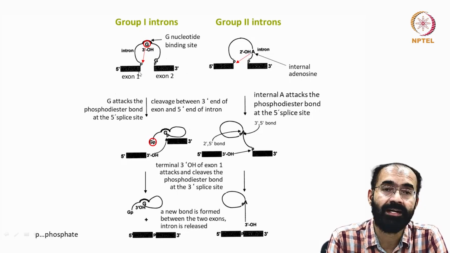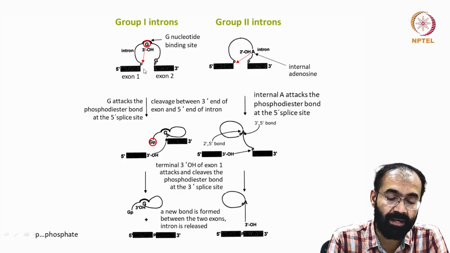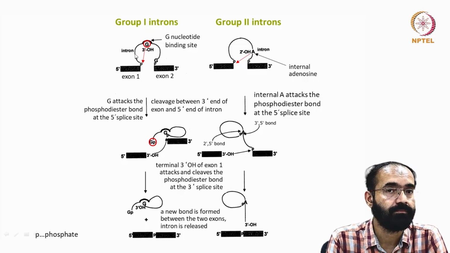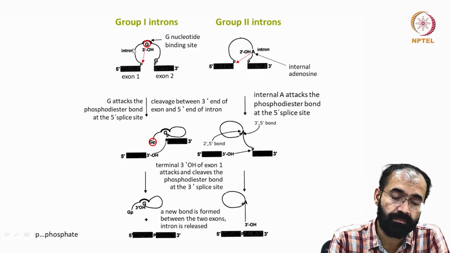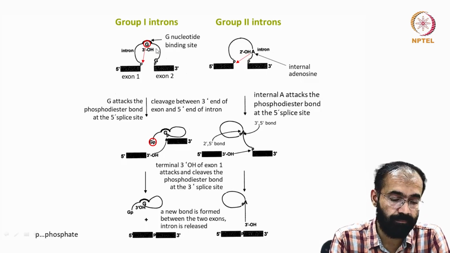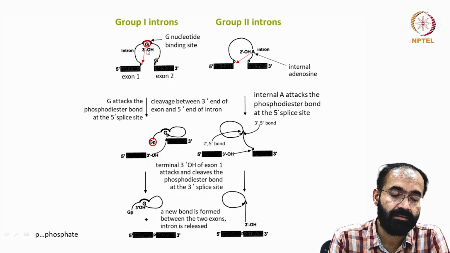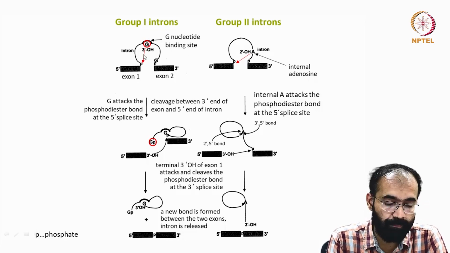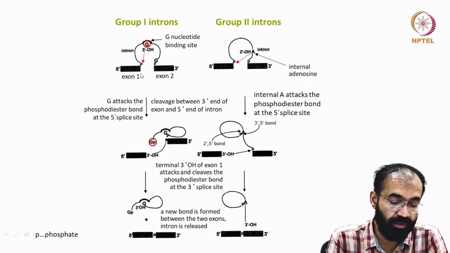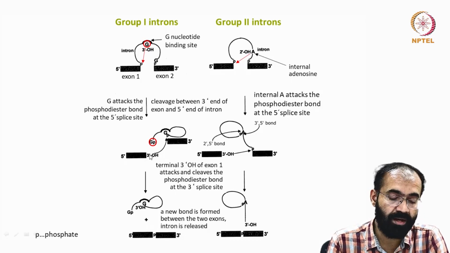Exon 1 now has a free OH. Earlier it was not there. The 3' OH was part of this RNA long chain, part of the phosphodiester backbone. But once this nucleophilic attack happened, you will have a free OH from the first exon.